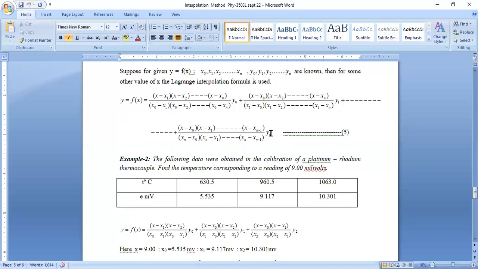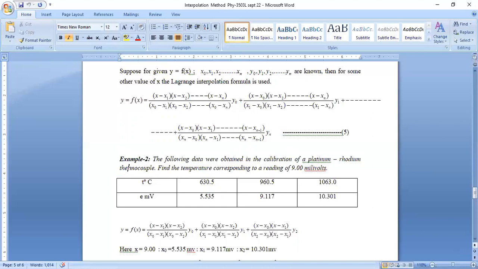And for Y2, the coefficient will be X minus X0, X minus X1 divided by X2 minus X0 and X2 minus X1, into Y2. So this is the formula.